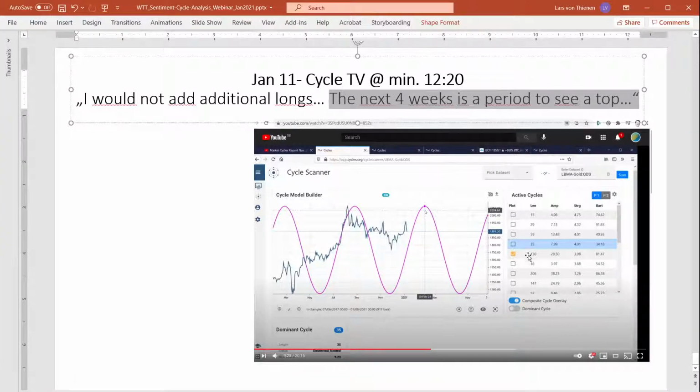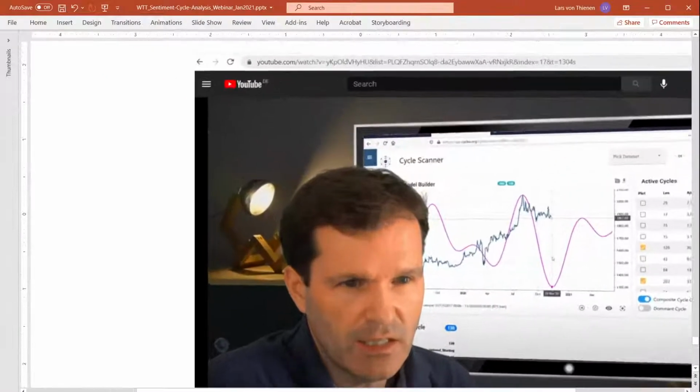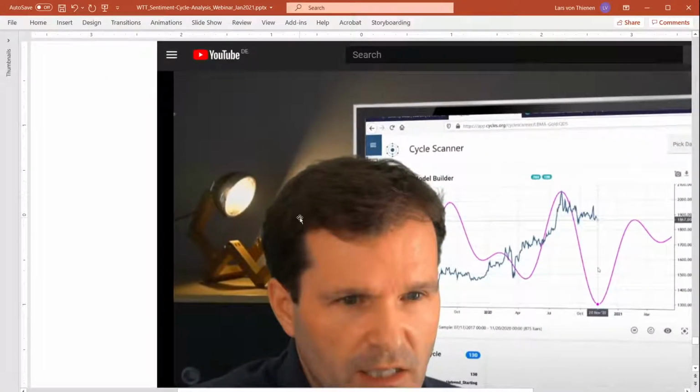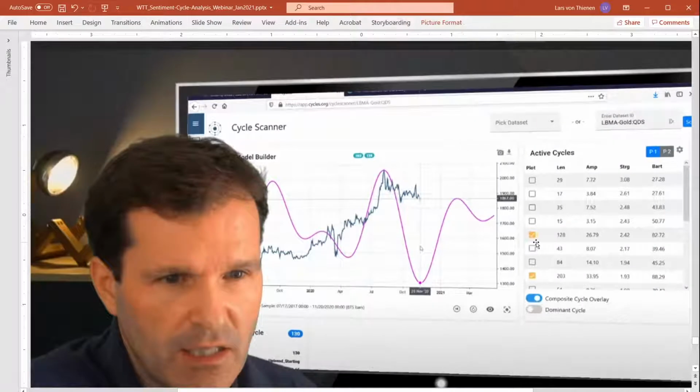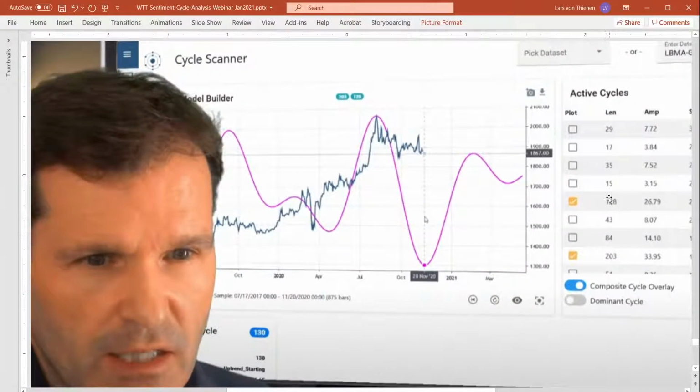And again, I just picked one cycle with the length of 130. I need to bring this to your attention, because in November, if you have a close look at the cycles which have been used here, this cycle had a length of 128 days, which was used for this composite plot here.